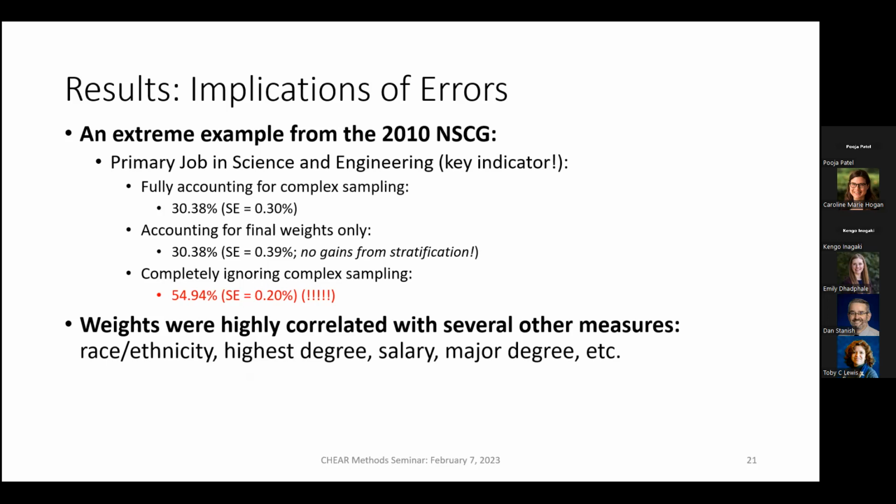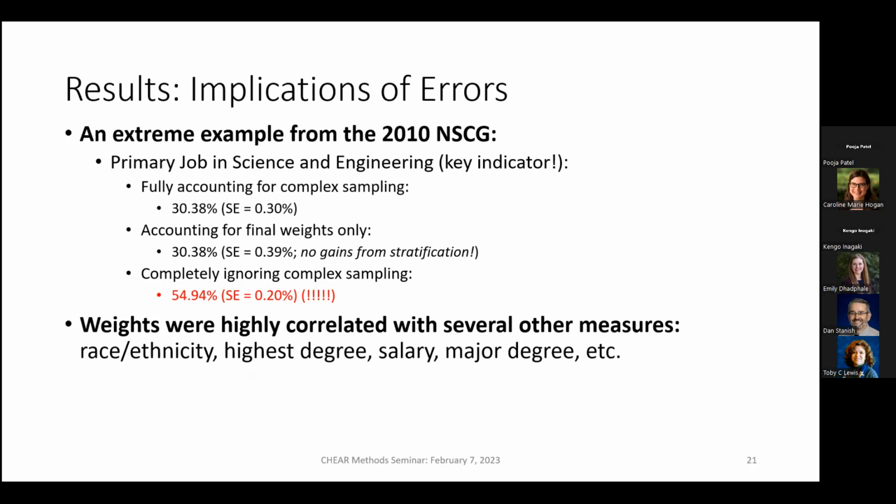Why are the weights so informative? Because this particular study, the NSCG, oversampled people likely to be in science and engineering. It's very simple: you need to account for them to make appropriate population estimates. And you can replicate this analysis yourself. I'm not just making these numbers up. You can download the data and do that analysis to see what happens.